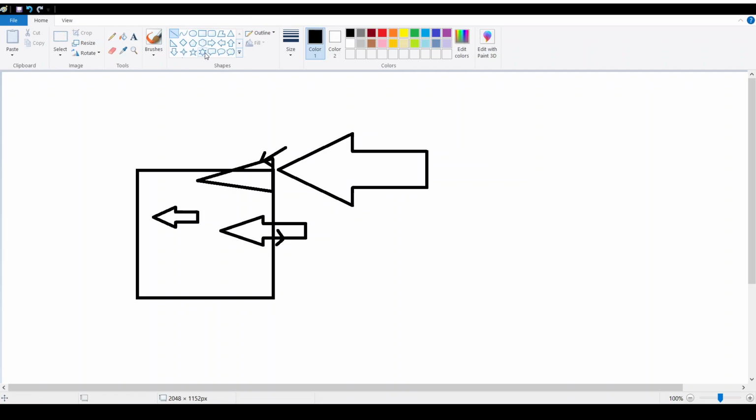But what about for more complex shapes, like this? We get these things that intersect.